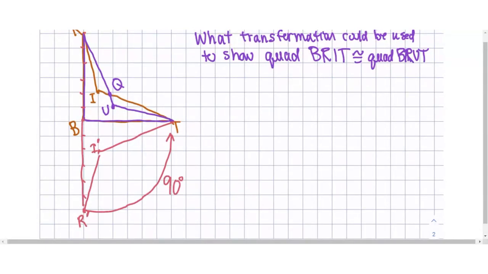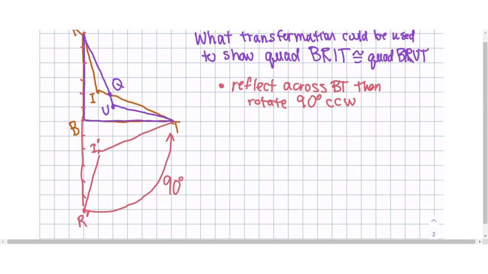So one way is, yes, you could reflect across BT, then rotate 90 degrees counterclockwise. Okay, there is one simple step that you can do also.